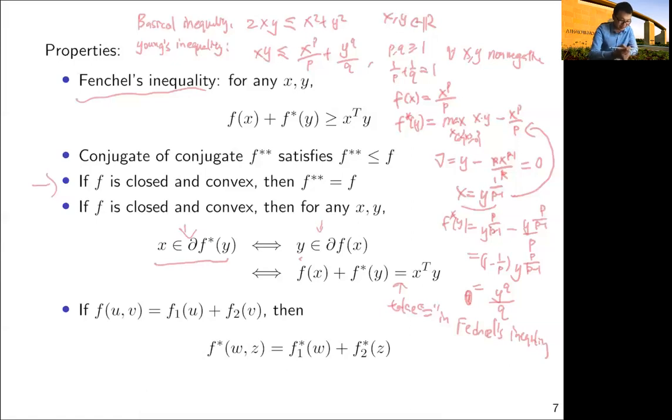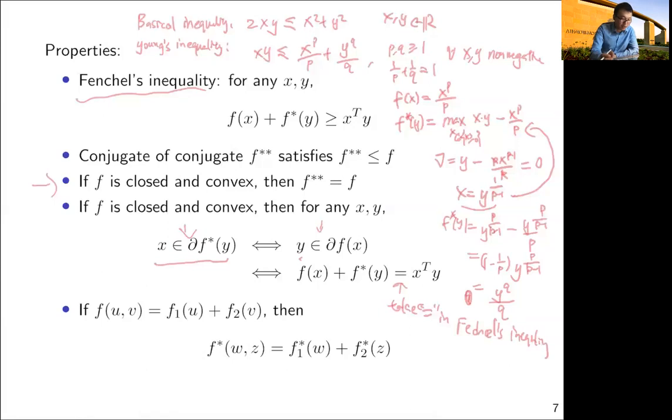Okay. Thanks. All right. So now suppose a function of two variables can decompose into f1 and f2. This is a Cartesian type of decomposition, where f1 depends only on the first part of the parameter, and f2 depends only on the second part.